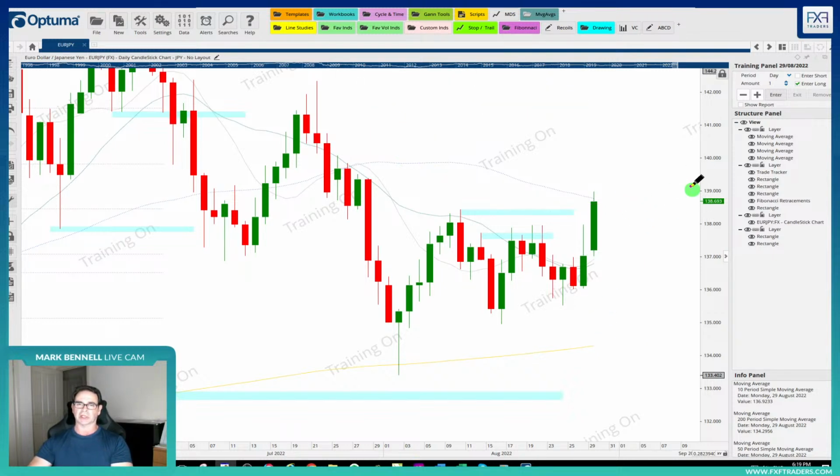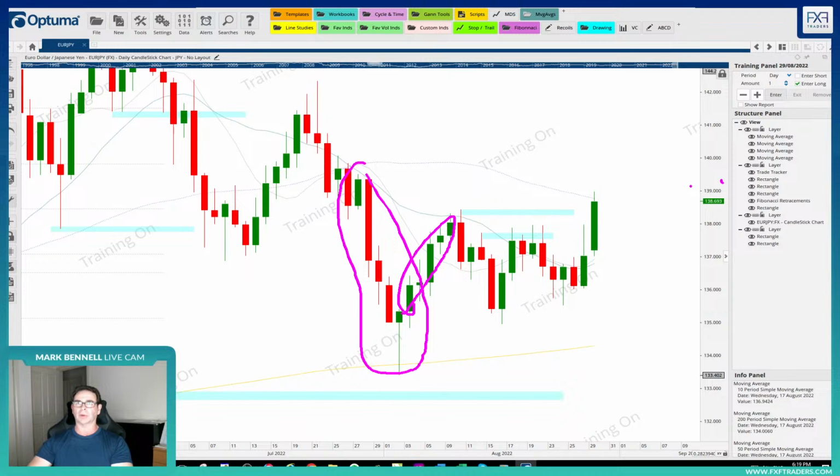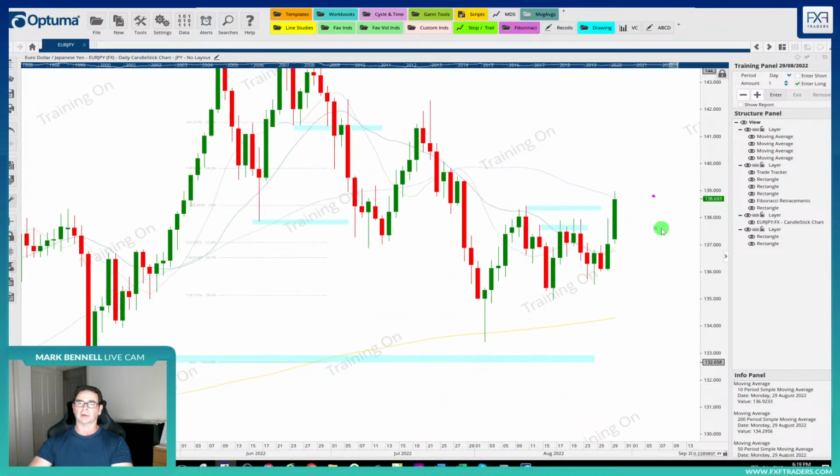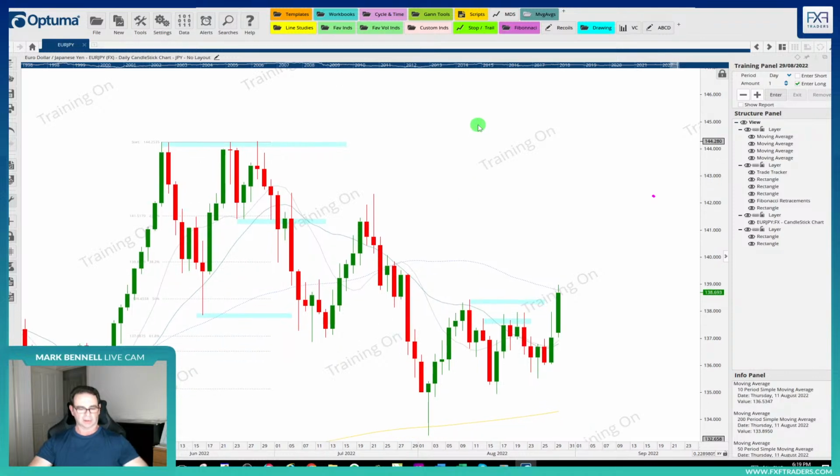So I'm hesitant to go against the trend unless we've got the climactic move like this. All right? So unfortunately for this one, we've got momentum to the upside, but that might even slightly keep us out. But let's mark this one up.